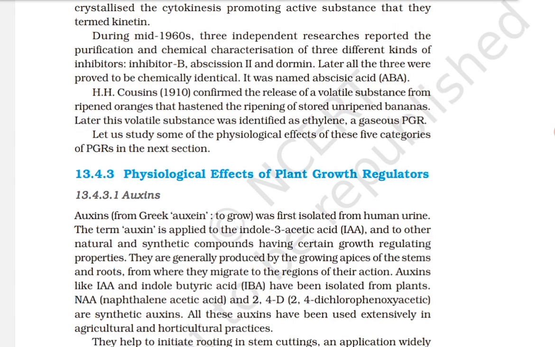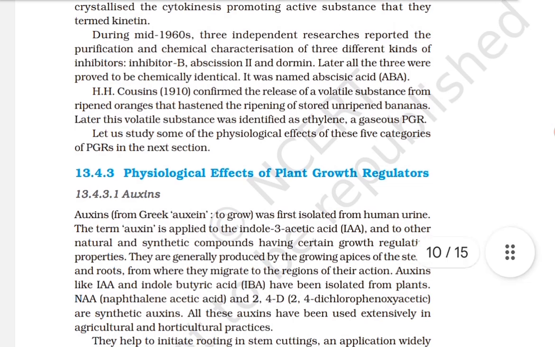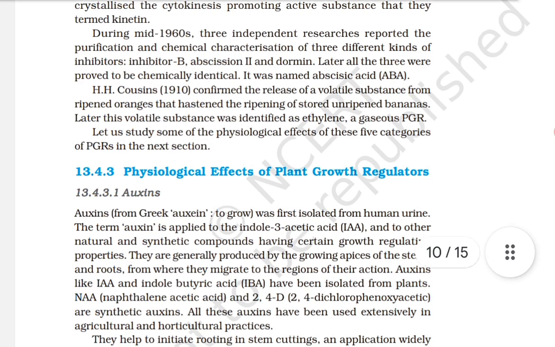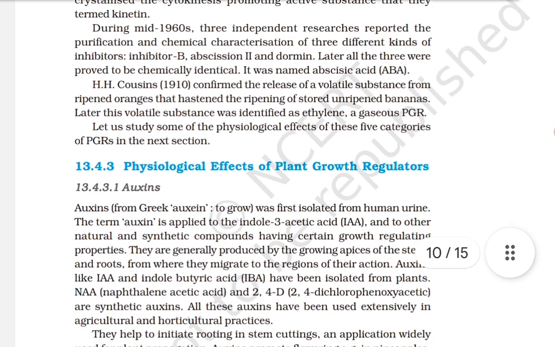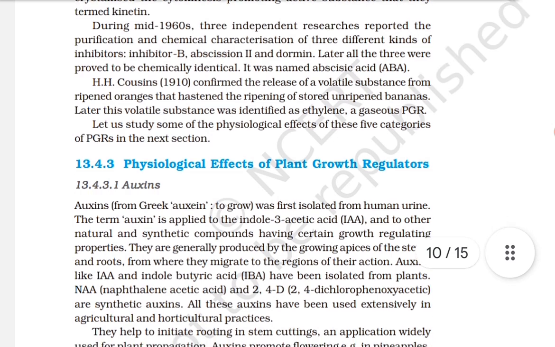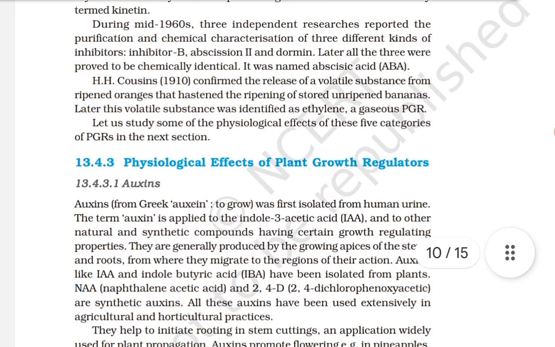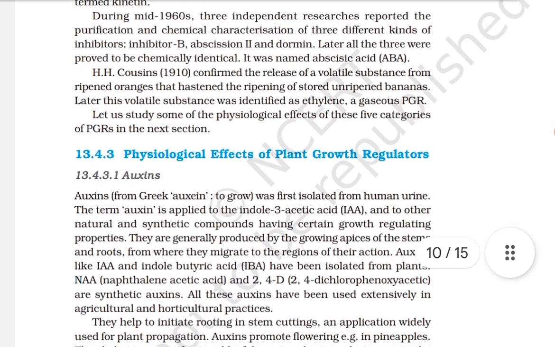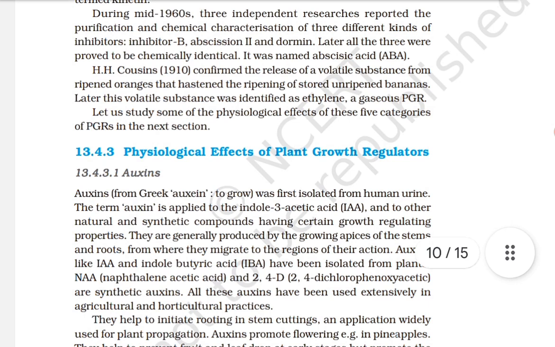Physiological effects of plant growth regulators. First, auxin. Auxin, from the Greek auxein, to grow, was first isolated from human urine. The term auxin is applied to indole-3-acetic acid, that is IAA, and to other natural and synthetic compounds having certain growth regulating properties.